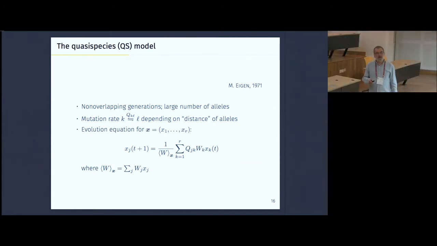And here we have a generalization of the replicator equation, if you like. So we have that the fraction of individuals of type j at generation t plus 1 is given by the sum over all classes of the fraction of individuals of class k times their fitness times the probability that from k you reach j in one generation.